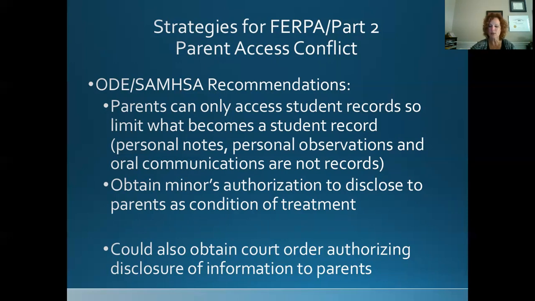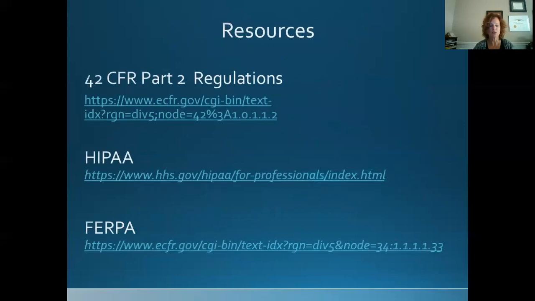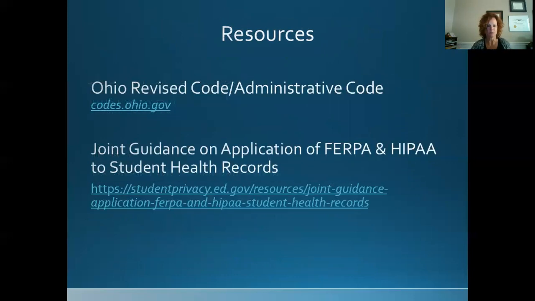I do have some additional resources for you listed here. These are just links to the Part 2 regulations, to the HHS website that provides great information about HIPAA, including FERPA and HIPAA and the HIPAA regulations themselves. I have a link there to the FERPA regulations.